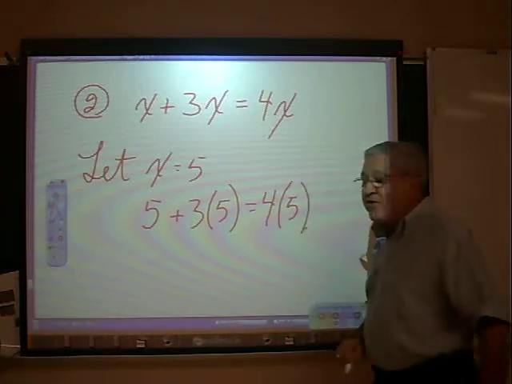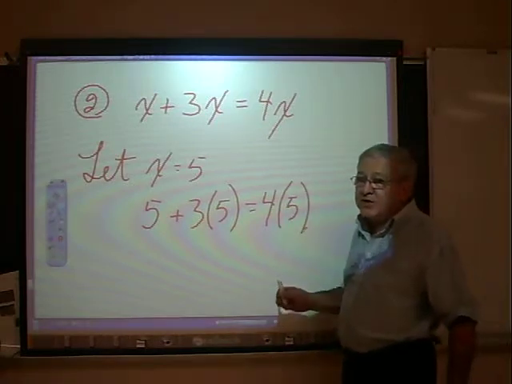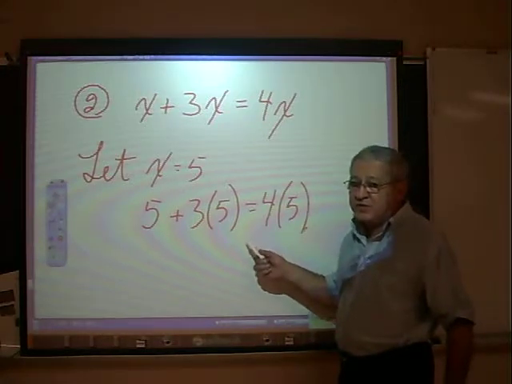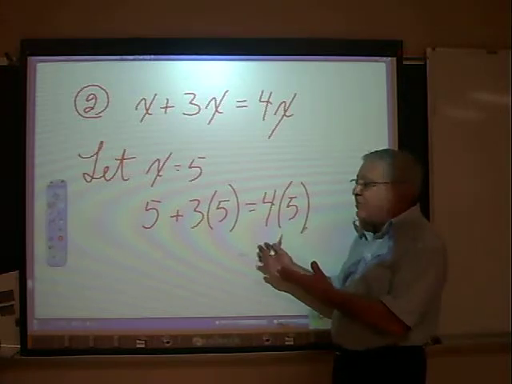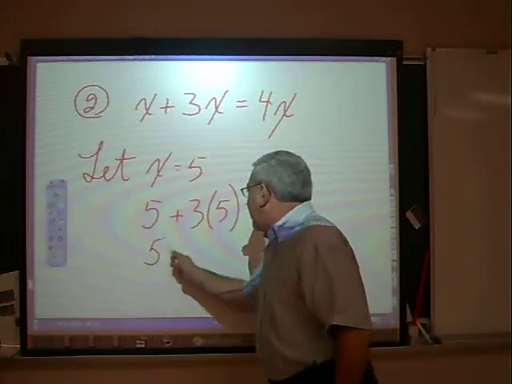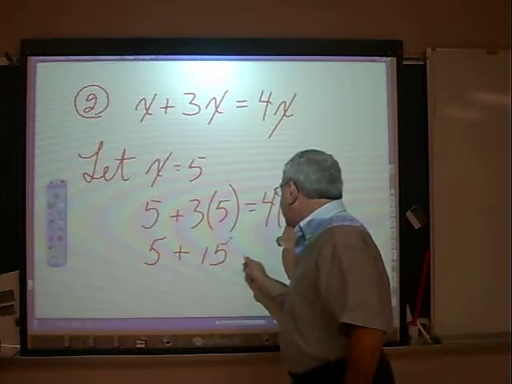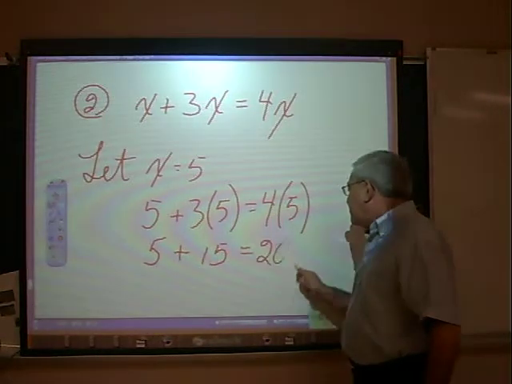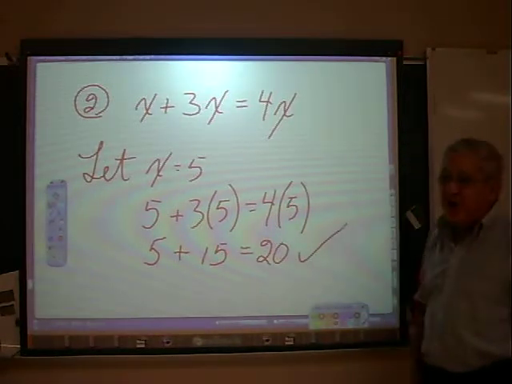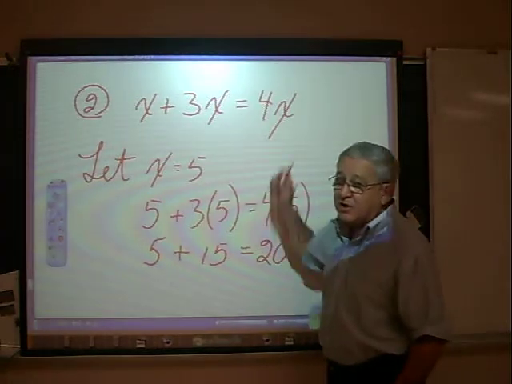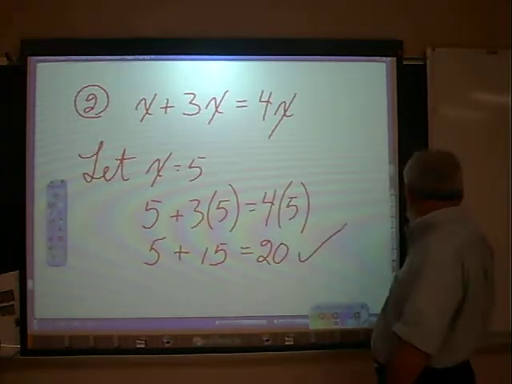Now you can see why thinking about it with objects is a little easier than thinking about it with numbers. Because with numbers, now I can prove it pretty easily, right? 5 plus 15 is indeed 20. So I added x and 3x together correctly to get the 4x.